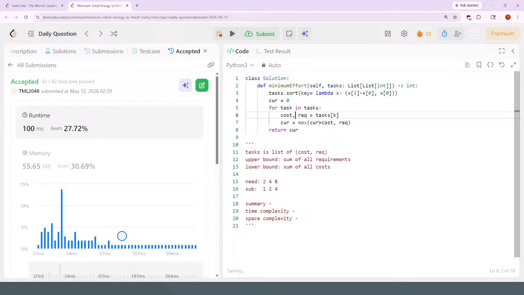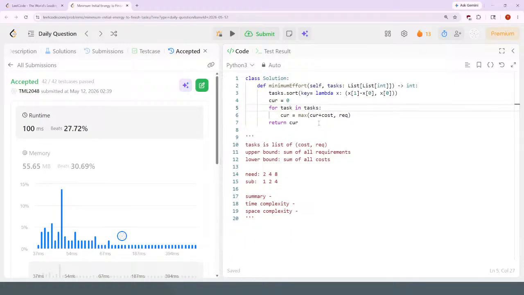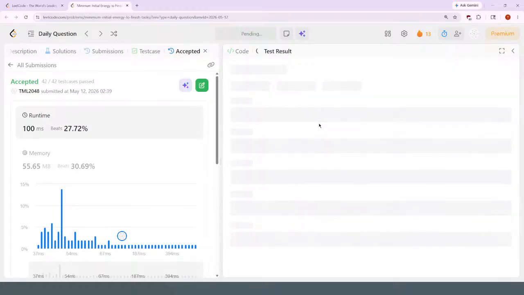The answer is current. Because if it's 0, then when it does the first one, it actually adds the current plus cost, which is basically 0 plus the cost, and then it'll bump up to the requirement. It's going to be the same. Okay, so cost is task at 0, requirement is task at 1. I think that actually is the same, right?